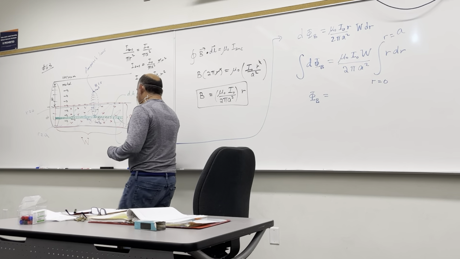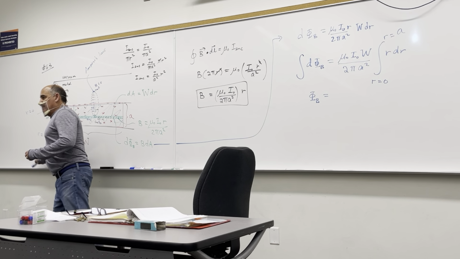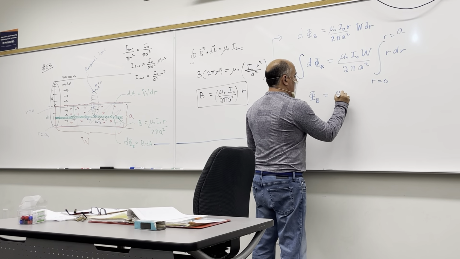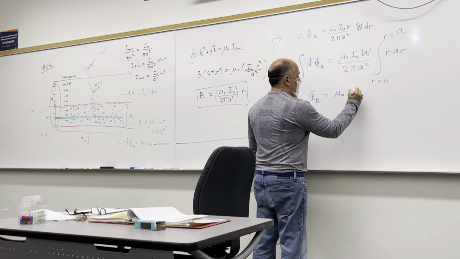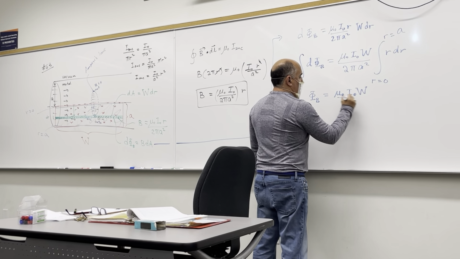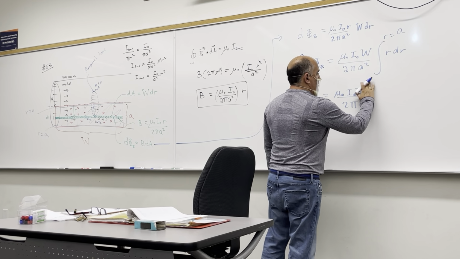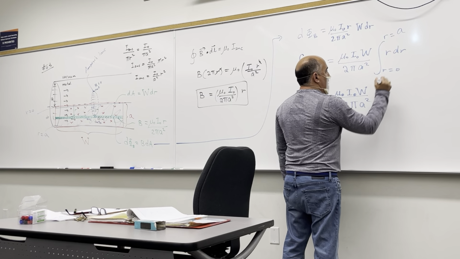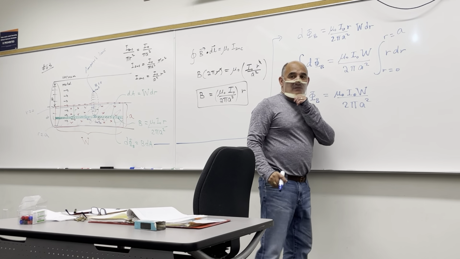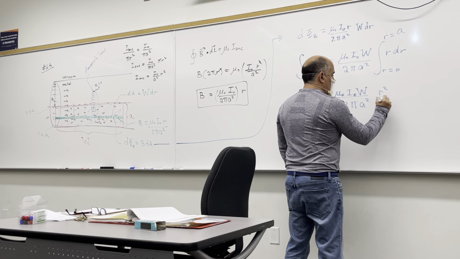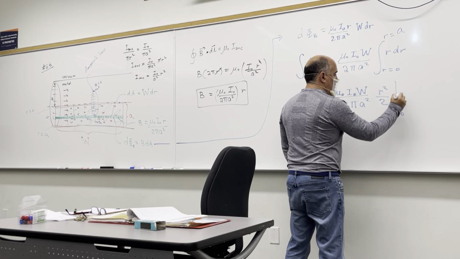And so the result becomes mu naught I naught W over 2 pi a squared times the integral of r dr evaluated from 0 to a.